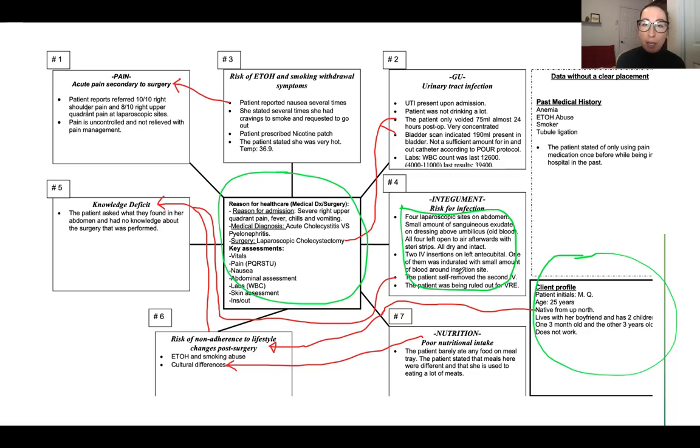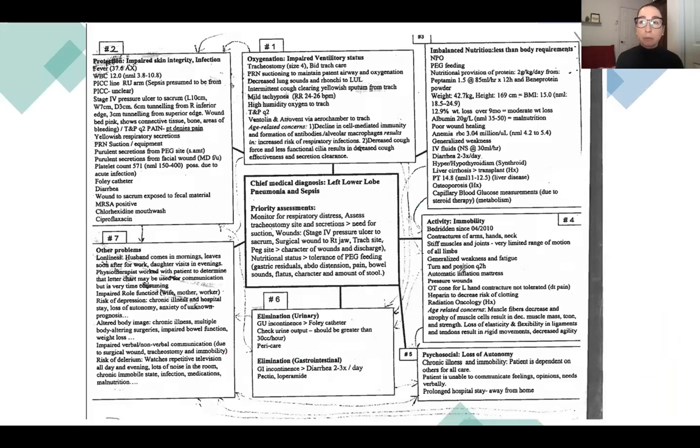So you see that the student has drawn some connections between different bodily systems and how one can impact the other. You can go one step above that and even print rationales as to why you're connecting priority problem 2 to priority problem 1. This can be discussed and worked out with your clinical instructor.